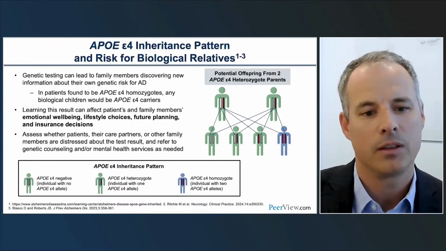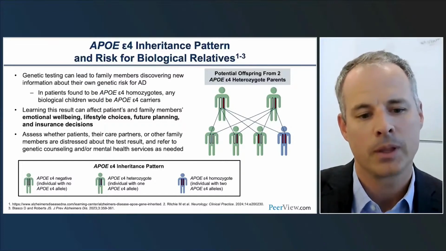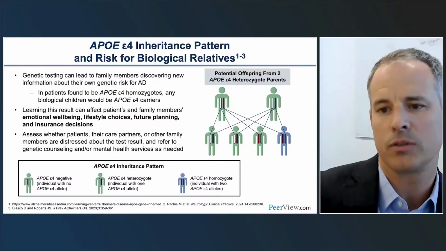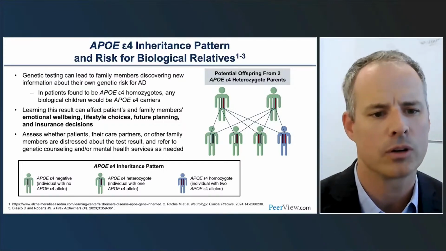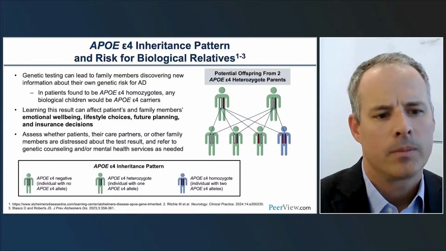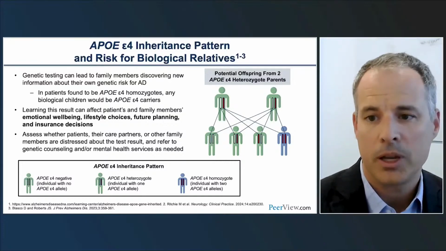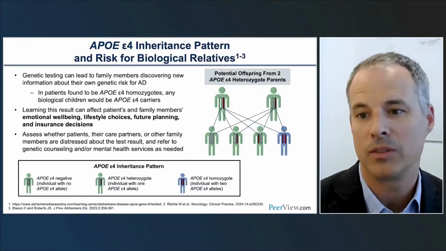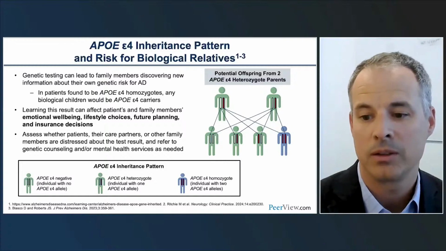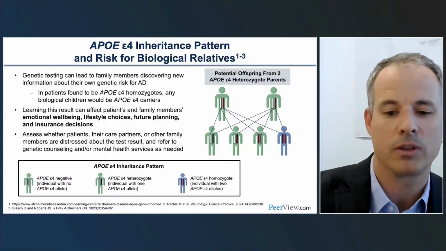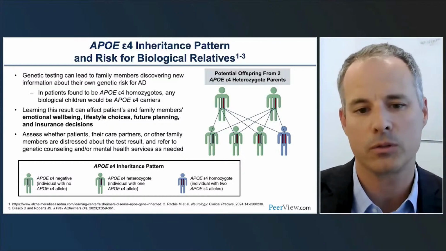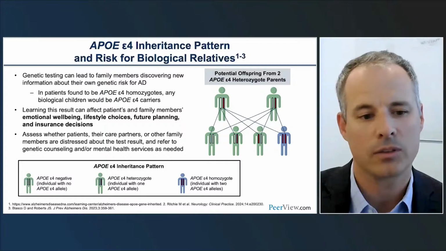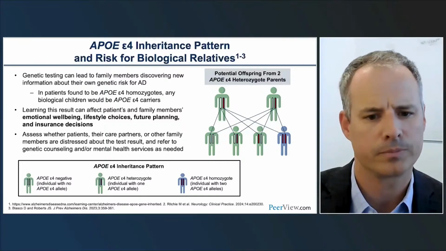That can affect the family member's emotional well-being and potentially their ability to get different kinds of insurance if they disclose that information to their insurer. Obviously, you can refer these patients to a genetic counselor, but I think the best strategy is often to discuss this information beforehand, before the information is revealed, so that those children or siblings may have a chance to make a decision on their own.